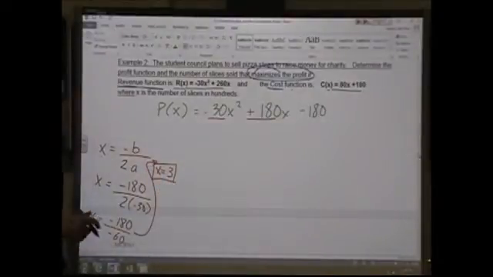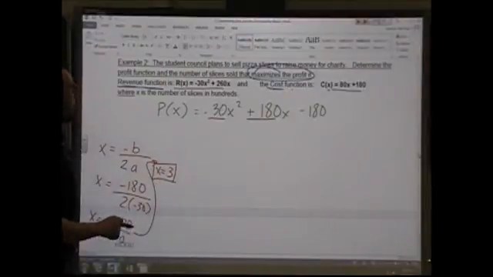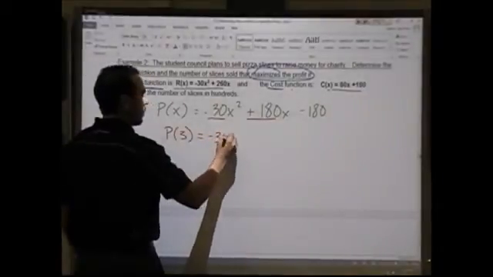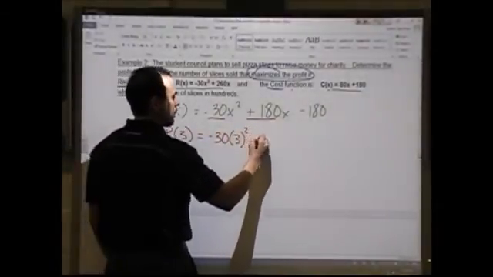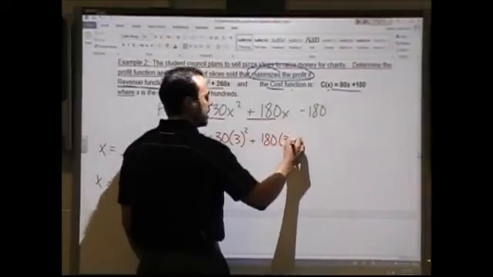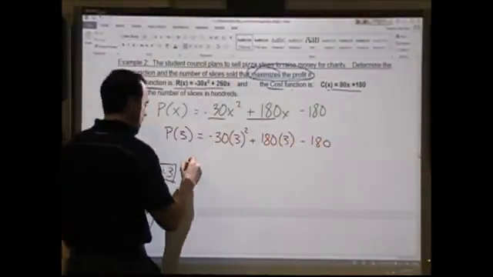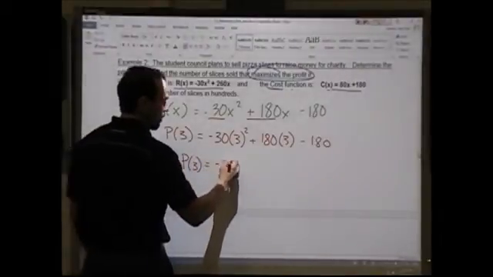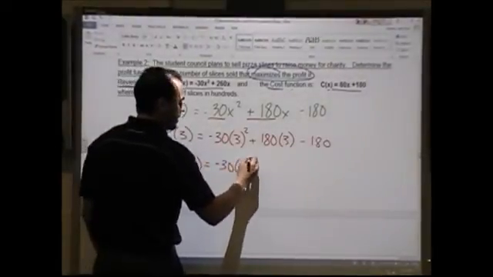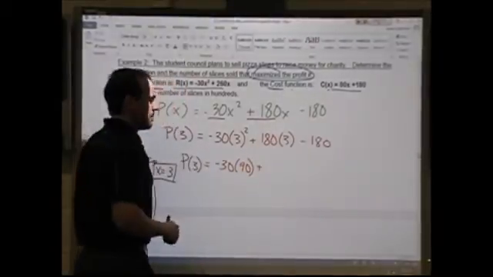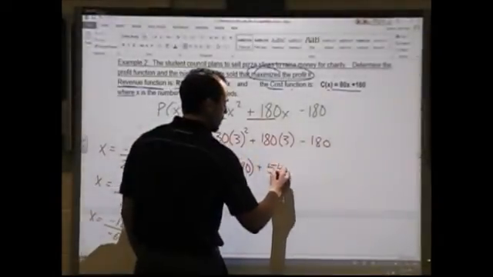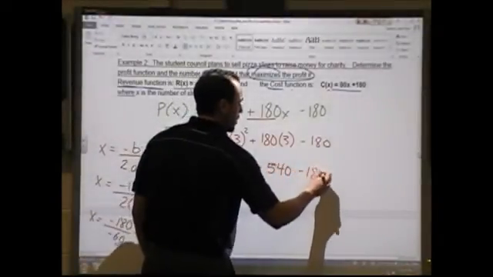So I know that the vertex is when x is 3. So I'm going to plug in x equals 3 over here. This is going to be negative 30 times 3, all squared, plus 180 times 3 minus 180. And so the profit at x equals 3, make sure you do the square first. 3 squared is 9, times negative 30 is negative 270, plus 540, minus 180.